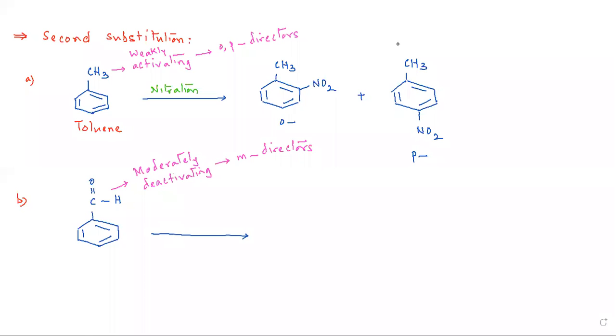Now, when this is subjected to the same nitration, the second substitution occurs at the meta position. We get the meta-nitro product, meta-nitrobenzaldehyde.